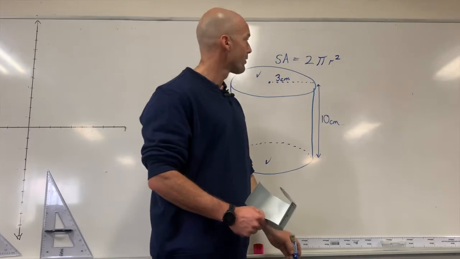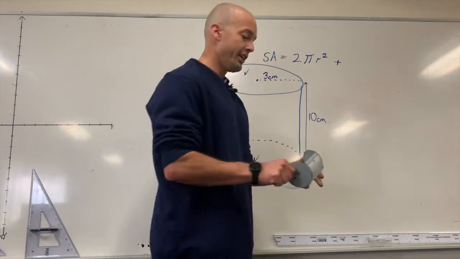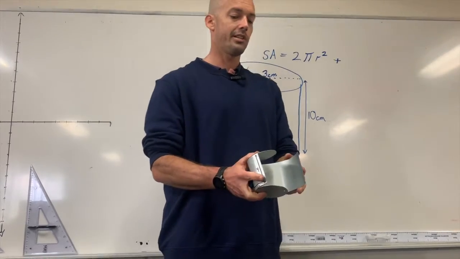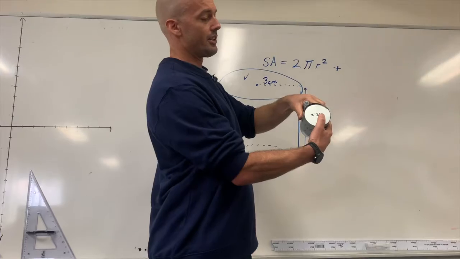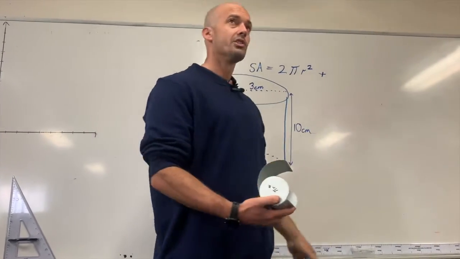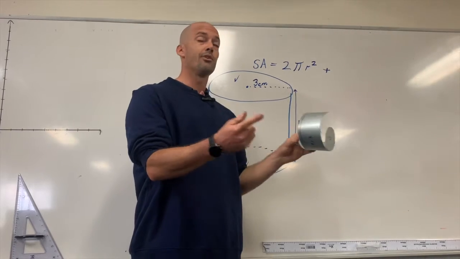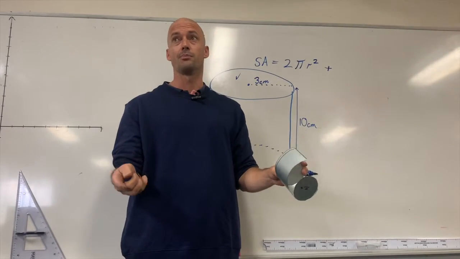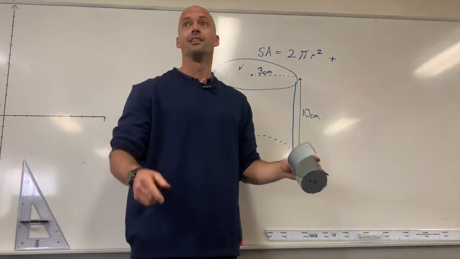But then we have to do the rectangle. So as you can see, the rectangle wraps around the whole of the circle there, making the circumference. If you may remember the circumference of a circle, anyone remember the formula? It's pi times diameter.